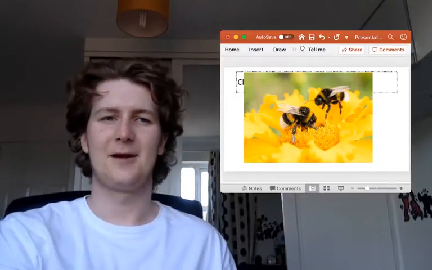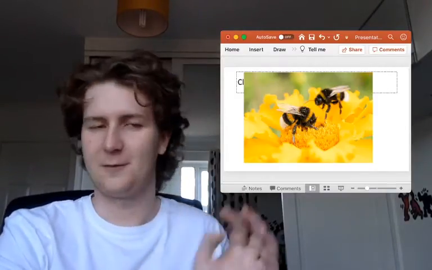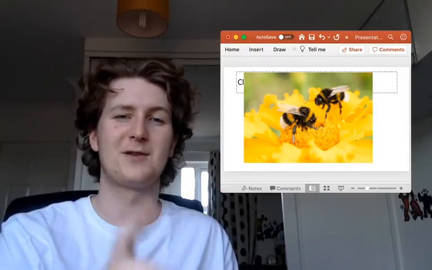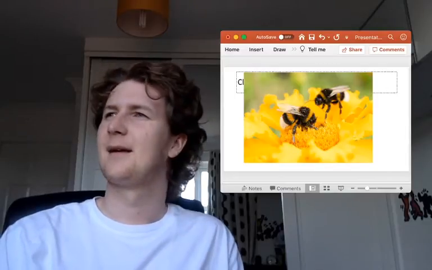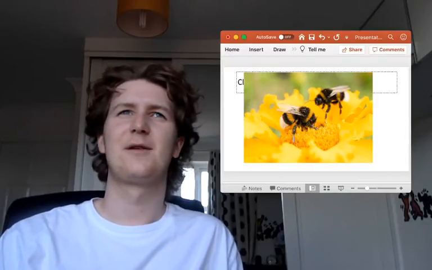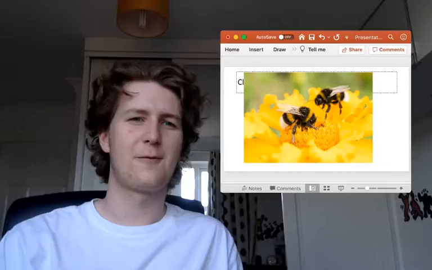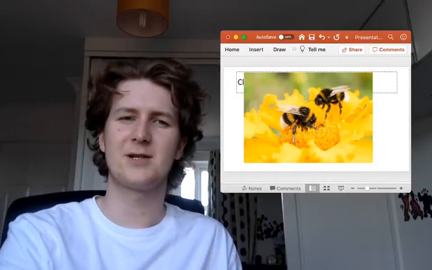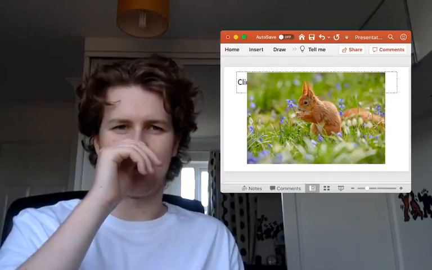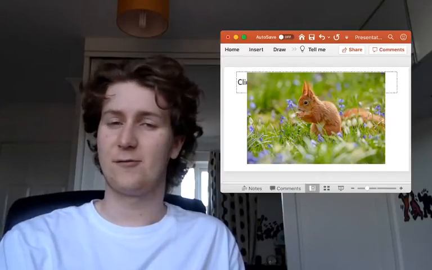But anyway, I've not got child pictures of these, but these are obviously bees. They're really important for making all the flowers grow. All the vegetables, really, really important creatures. And the next one is a squirrel. That's actually a red squirrel.